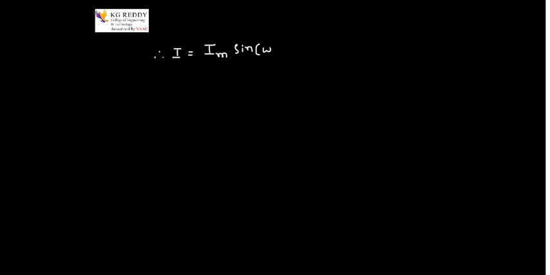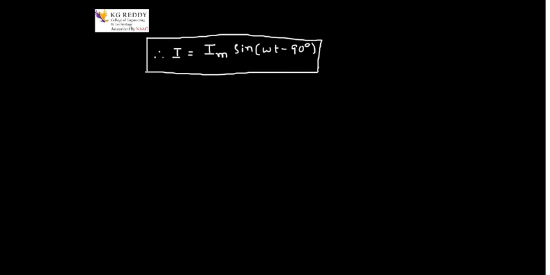This is the equation of current flowing through the inductor when it is excited with an AC source. Here omega L is represented by XL, and it is called the inductive reactance, and Im is equal to Vm by omega L.